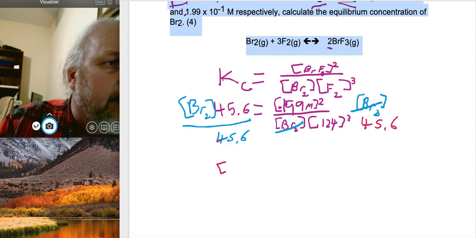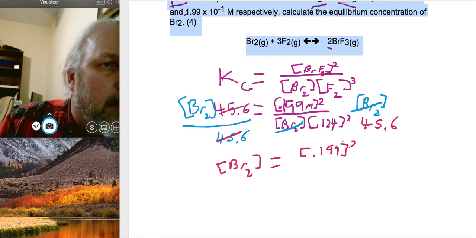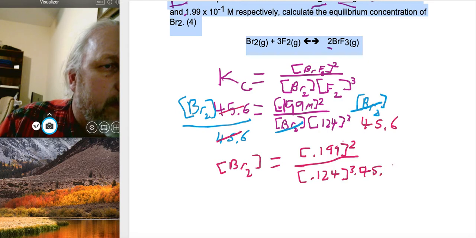I've got the concentration of bromine equals 0.199 squared divided by 0.124 cubed times 45.6.